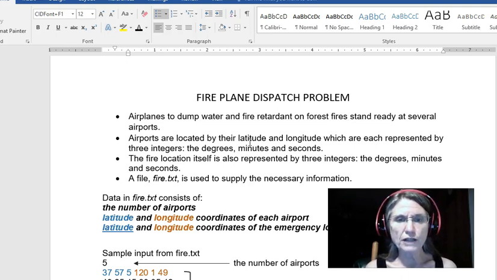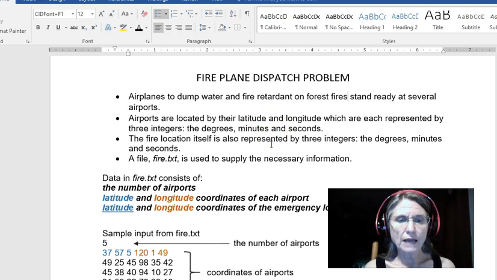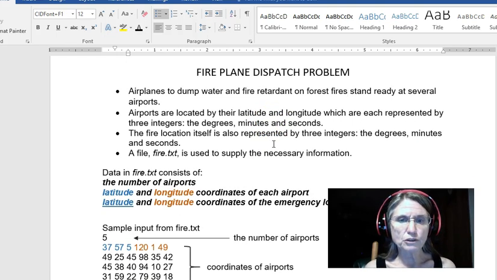And then the fire location itself is also represented by those same degree, minute, and second measuring units.